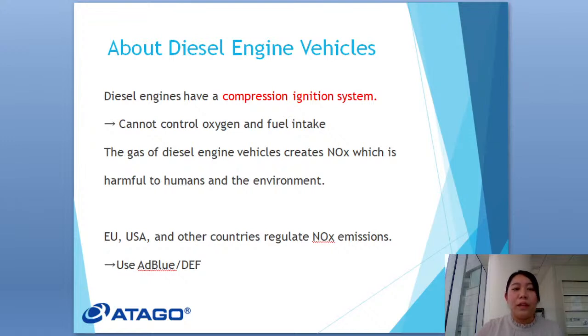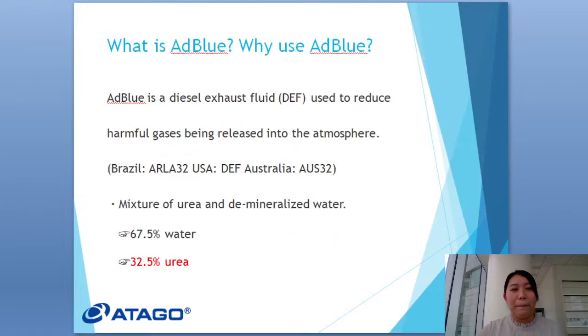So the EU, USA, and other countries regulate nitrogen oxide emissions. What they do is use AdBlue, which is mainly called that in EU countries, and DEF in the USA. So what is AdBlue and why use AdBlue?